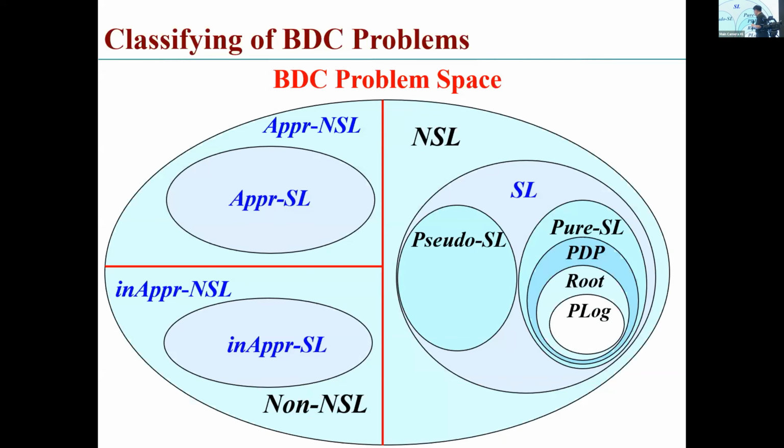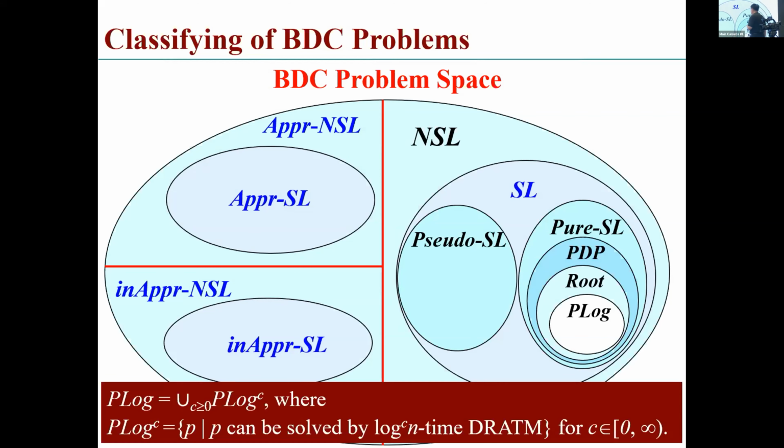Then we have another subset, P log, equal to the union of all P log to the power c for c greater than or equal to 0, where P log to the power c includes all the problems that can be solved by a DRATM in (log n)^c time for c greater than 0.